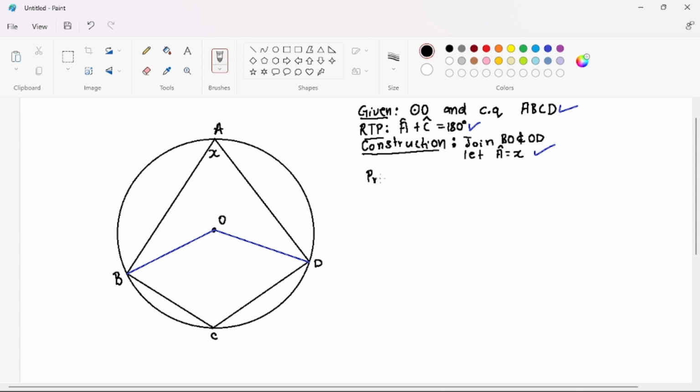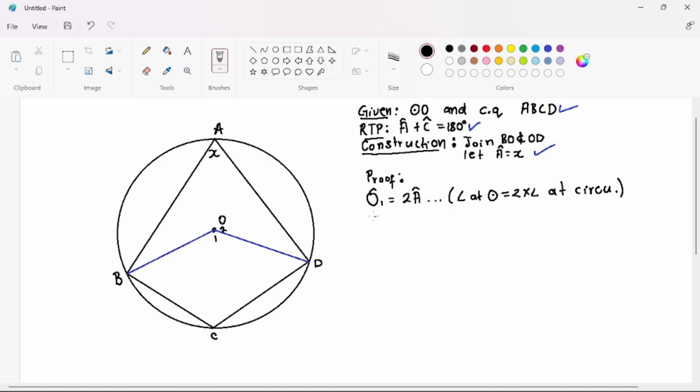So let's start our proof. We are simply going to name this angle O1 and this outer angle is going to be O2. O1 is equal to 2 times angle A, and our reasoning is angle at the center is equal to 2 times angle at the circumference.